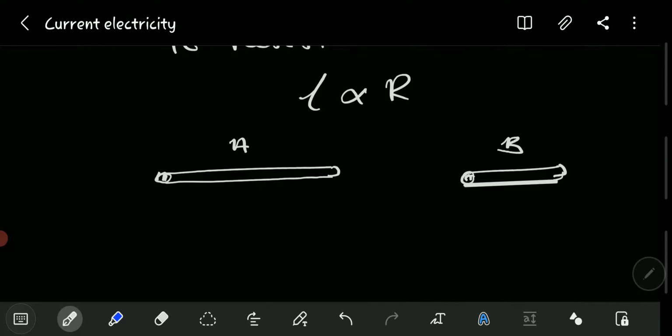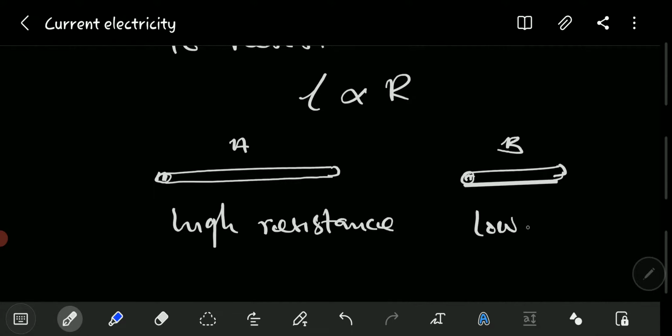So this one has high resistance. This one has low resistance. And the reason is because of the length. The longer the conductor, the higher the resistance. The shorter the conductor, the lower the resistance.